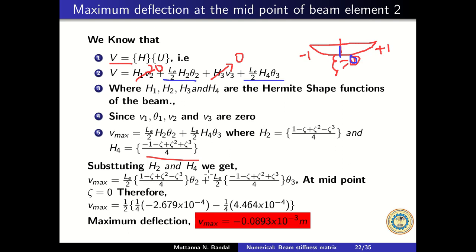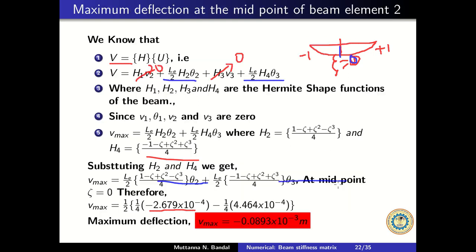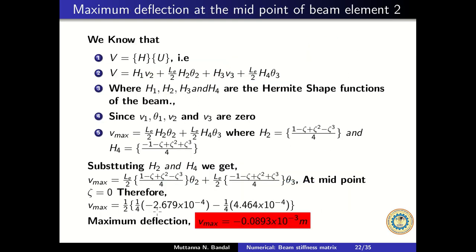So 1 by 4, and theta 2 from the load vector, this term, and theta 3, this term, I have substituted here. Theta 2, theta 3, and 1 by 2 from here, 1 by 2 from here, minus 1 by 4, minus 1 by 4 from here.